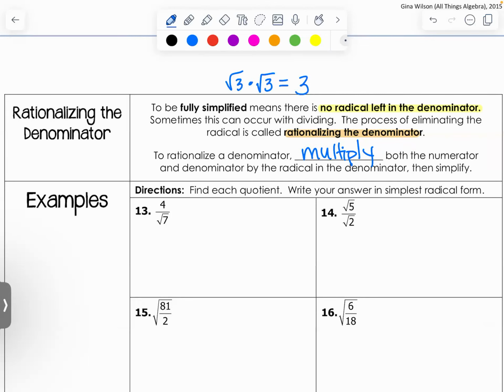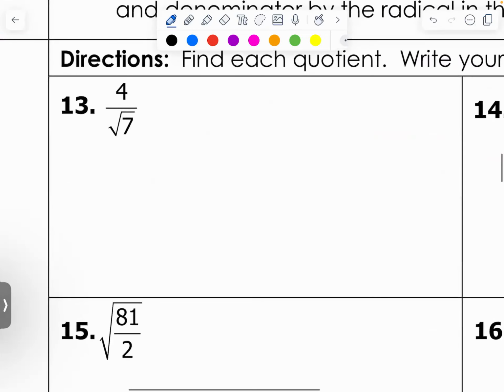Okay, so let's start with number 13. Is this simplified? No, we already said that because we have the square root of 7 in the denominator. So if you have a square root in the denominator, take that square root, and we are going to multiply that square root to both the denominator and the numerator.